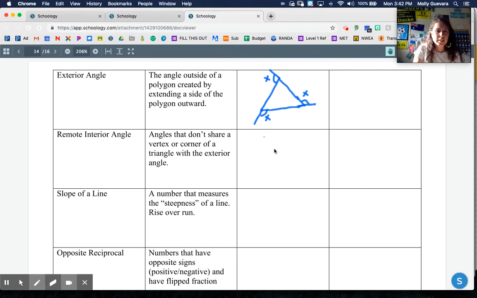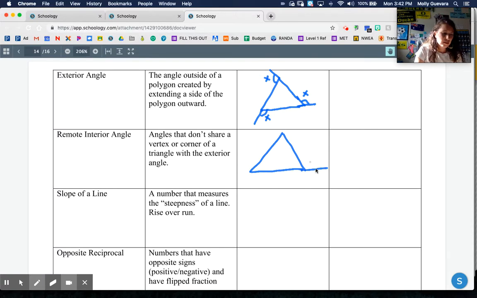Something very special happens for remote interior angles. Again, I'm going to use a triangle as an example, but it works for other shapes as well. These are angles that don't share a vertex or corner of a triangle with the exterior angle.